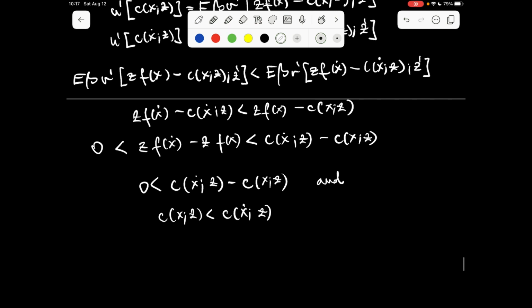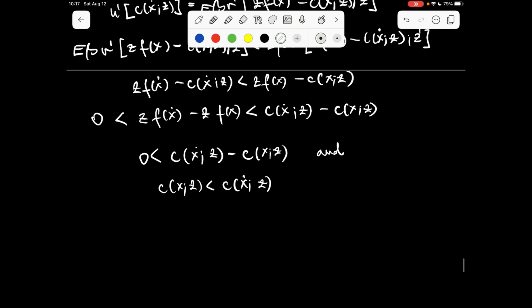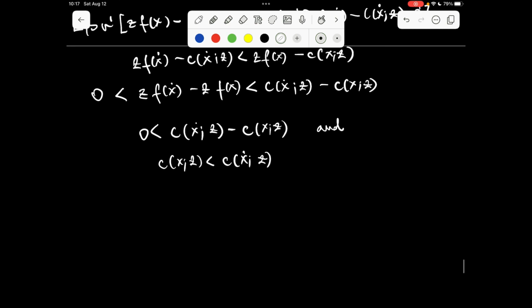Which is a contradiction. So in contrast with the assumption we made in the beginning, consumption function C is increasing in X.